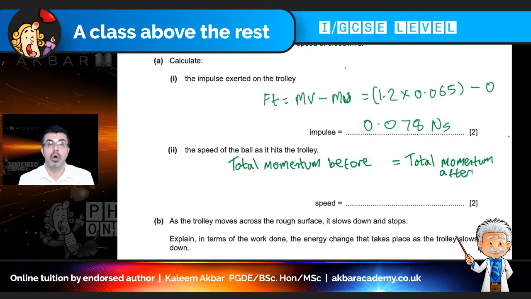So, what was the total momentum before the collision? Well, remember, the little ball has embedded itself into the trolley.